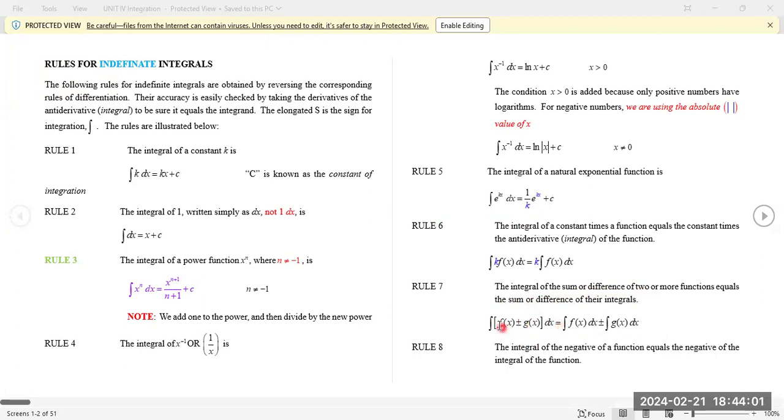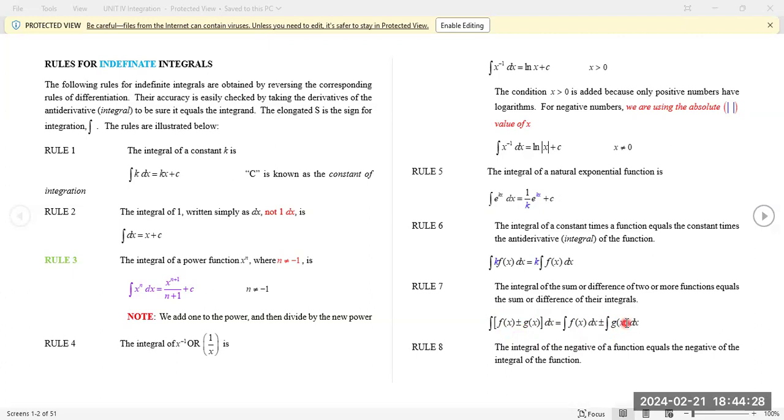So instead of doing the integral of this function plus this function dx, I do the integral of this function dx plus the integral of that function dx. Or I do the integral of this function dx minus the integral of that function. So if I'm doing the addition or the subtraction of functions, I can integrate everything as a whole, or if I want, I can integrate them individually. That's all that this is saying.